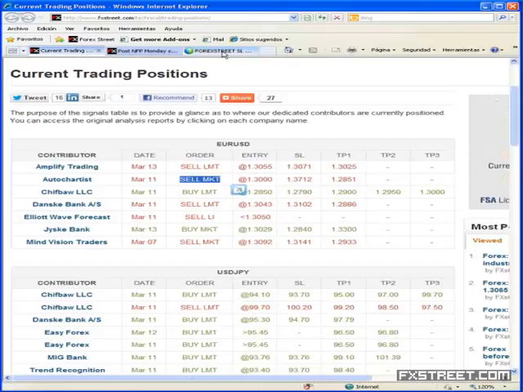So we do not track the individual contributors. This is not the purpose of the table.